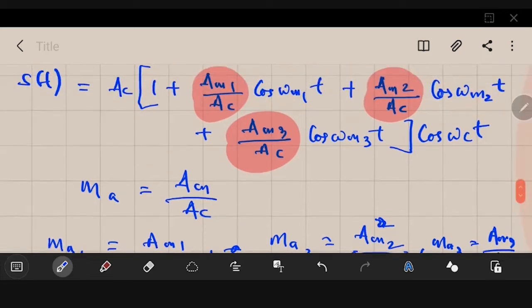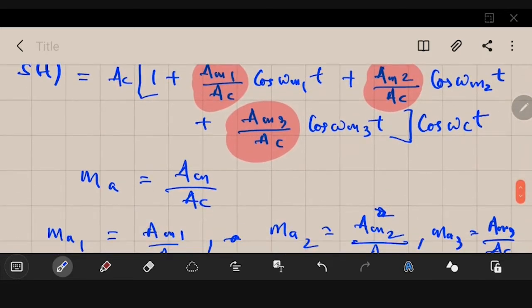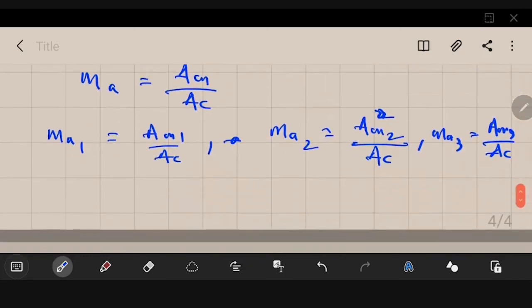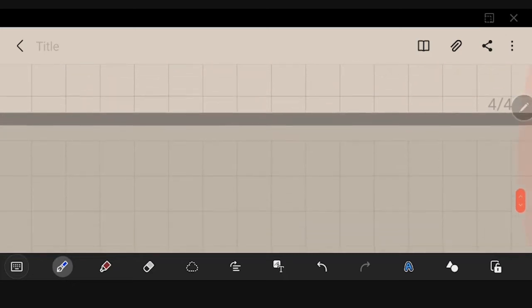So in this way, we could actually put these expressions for modulation index in the previous equation. Let it be equation number 2, and I will put it here. Let me see how this expression turns out.